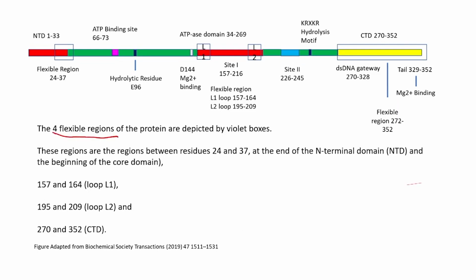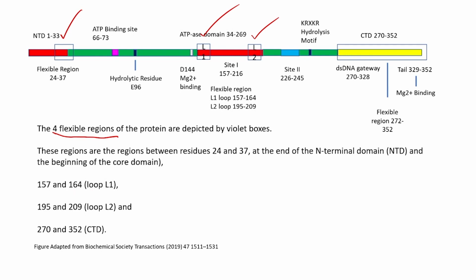There are a total of 4 flexible regions of the protein, and these are depicted by these violet boxes. These are the regions between residues 24 and 37, at the end of the N-terminal domain and the beginning of the core binding domain. Then the next flexible region is L1, residues 157 to 164.